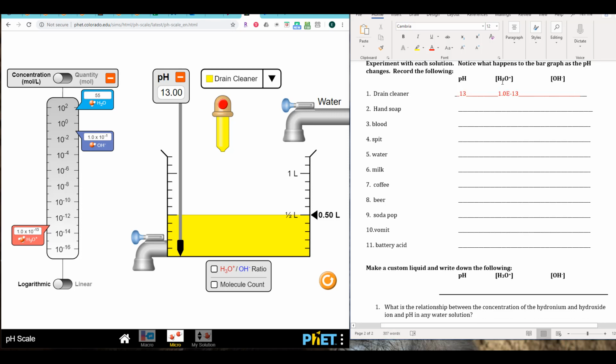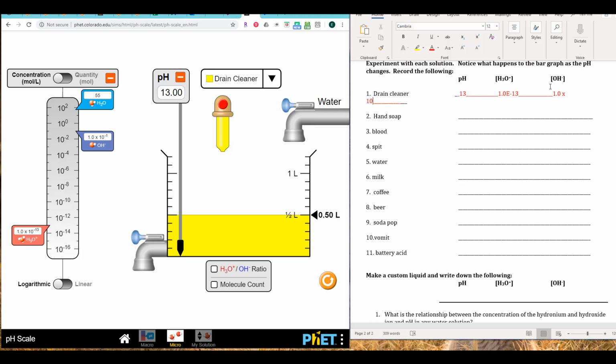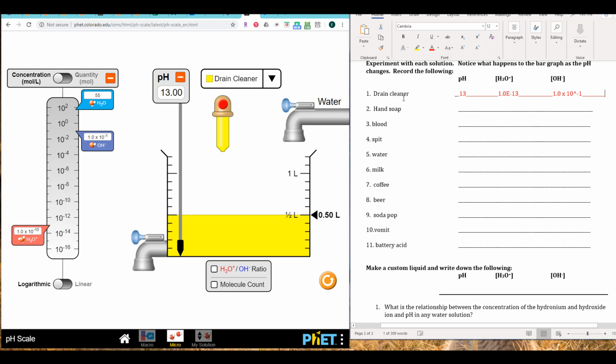That E means times 10 to the. Okay, so I'm going to write that one that way, and I'm going to write this one the regular way, the way that you guys do it, just so you can see. So there's a couple ways you can write it, just so you guys know. Okay, so these are the two ways you could write this.